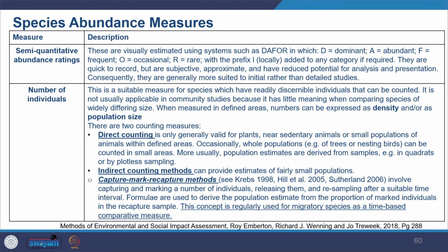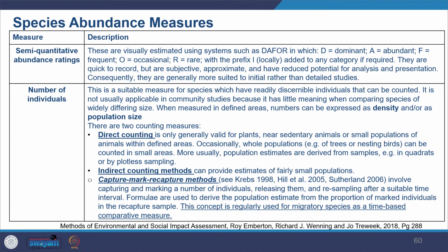So here we can see that some of the measurement systems are available. There is a semi-quantitative abundance rating, in which you have a visual estimation system. So you visually estimate, and it is also called DAFOR, in which D is dominant.